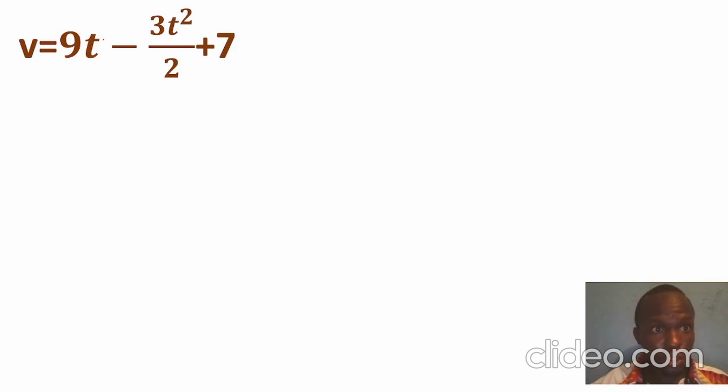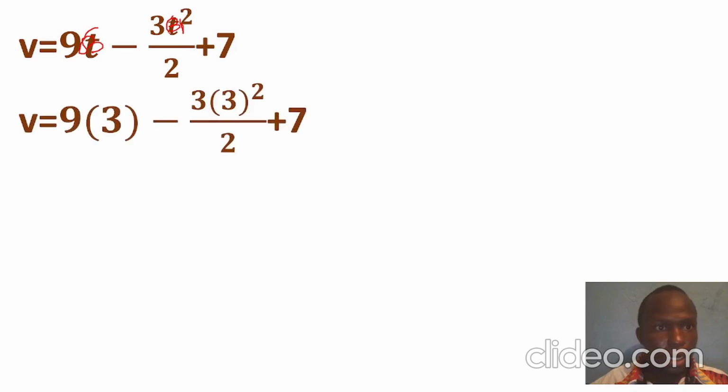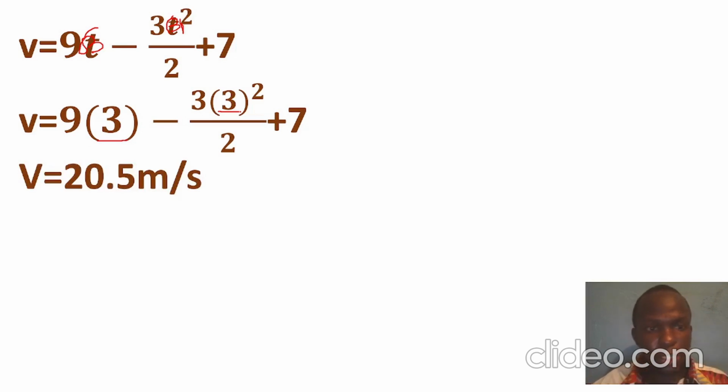What we are going to do is write 3 here, and where we have t, substitute with 3 to get the maximum, as shown. After doing the computation, we arrive at 20.5 meters per second. So that is the maximum velocity attained by the particle in motion. Let us go to the next part of this problem.